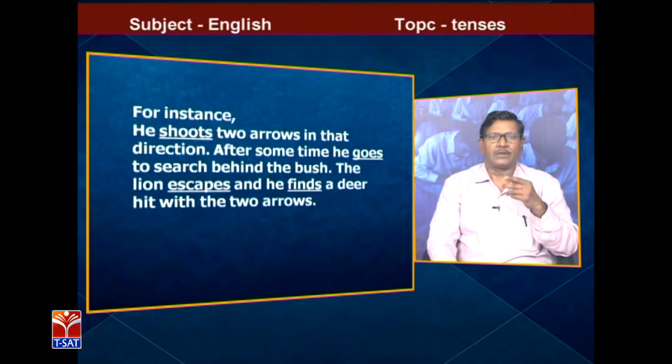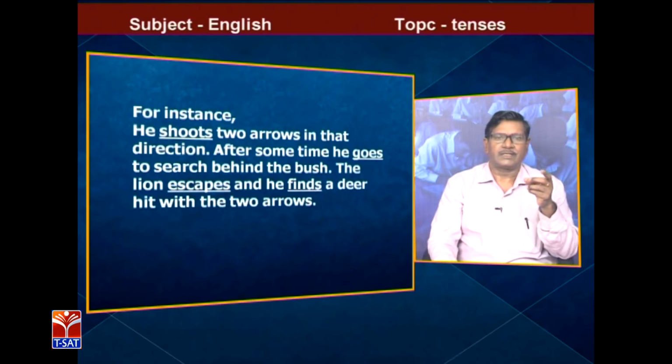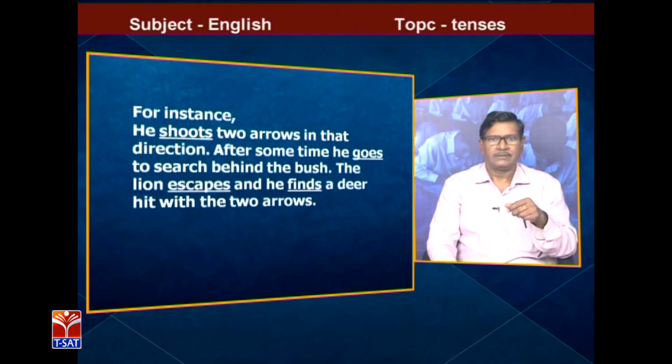He shoots 2 arrows in that direction. After some time, he goes to search behind the bush. The lion escapes and he finds a deer hit with 2 arrows, because he tried to shoot, he shot 2 arrows in that direction where he noticed a roaring lion.